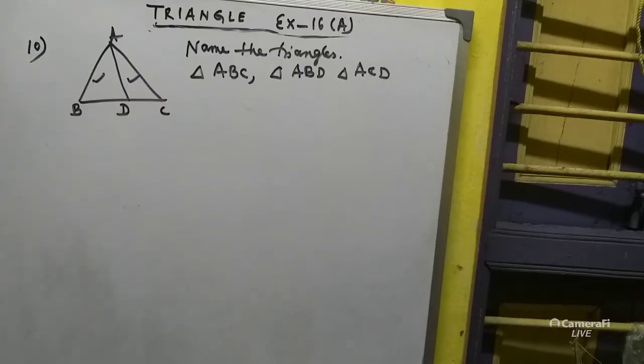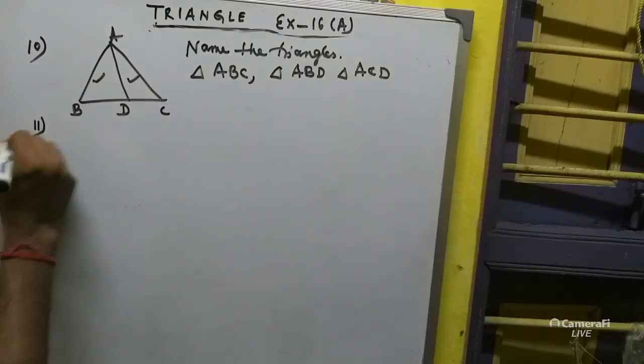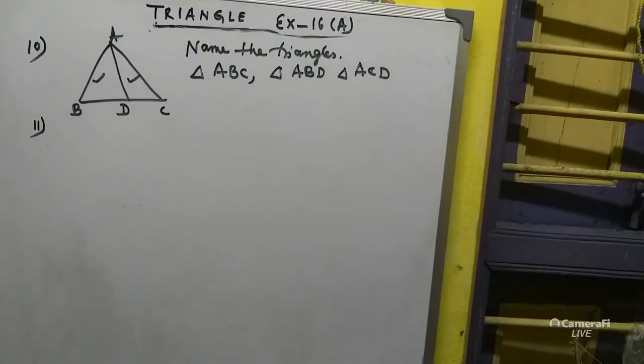Next one, can a triangle have two right angles?